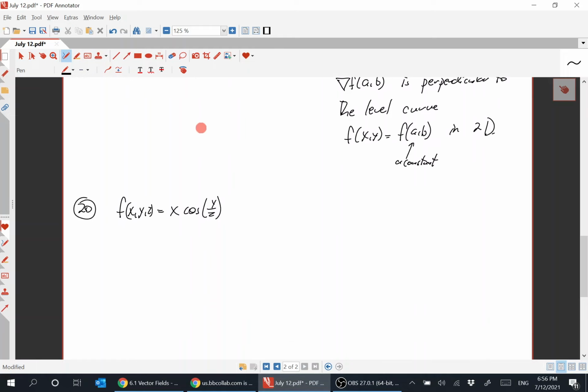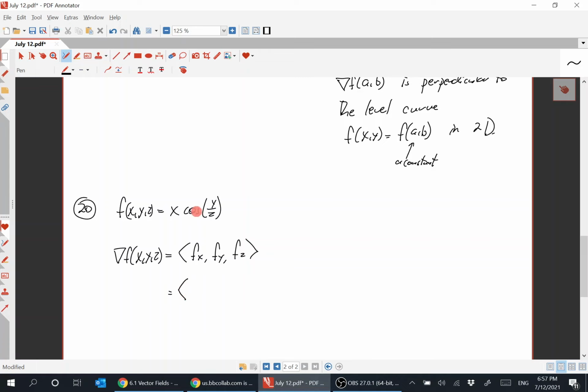So the gradient vector field is equal to the vector field whose x-coordinate is partial with respect to x, whose y-coordinate is partial with respect to y, and whose z-coordinate is partial with respect to z.